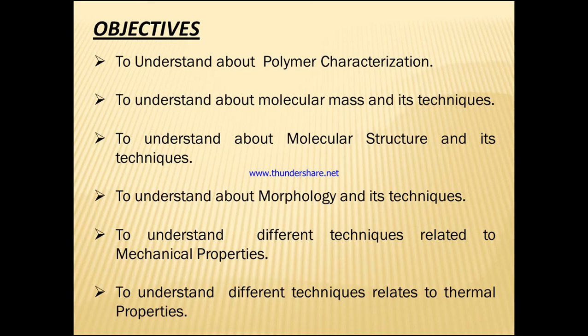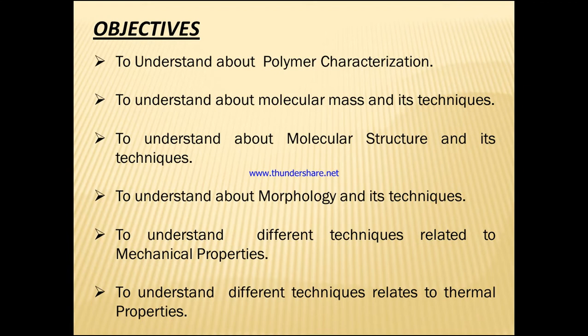So what is the objective of these? When we go through all these topics related to characterization techniques, we should come to know what is meant by polymer characterization. When we prefer polymers, it is polymer characterization. If we prefer nanomaterials, it is nanomaterial characterization.